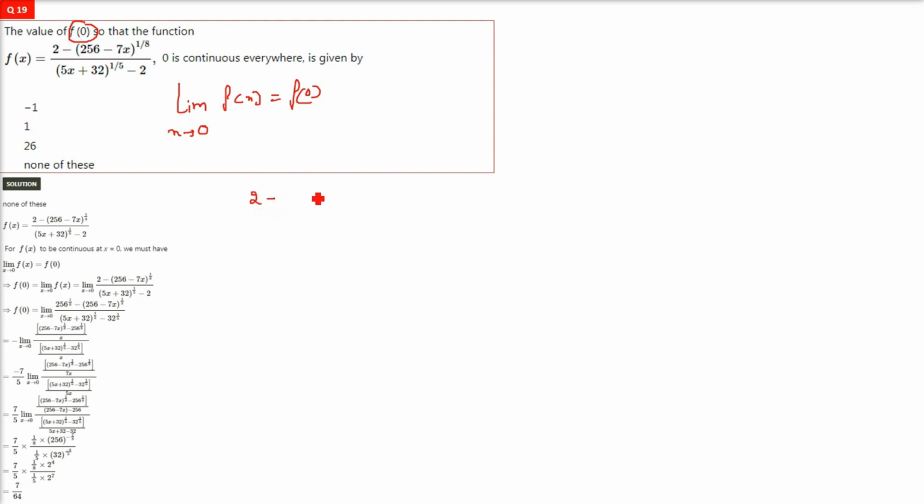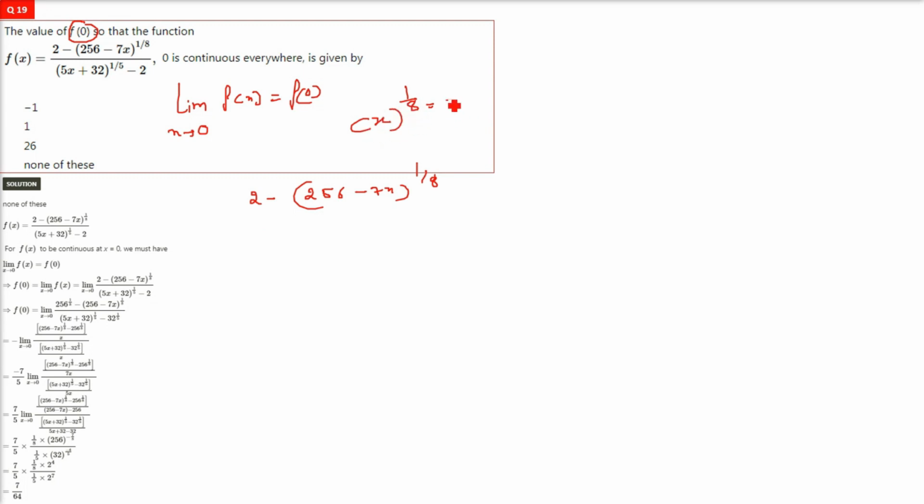What is the numerator? The numerator is 2 minus (256 minus 7x) raised to the power 1 by 8. So this is the numerator we are taking first, the denominator we will take later. What is the value? We take the 1/8 power, or you can say the 8th root.